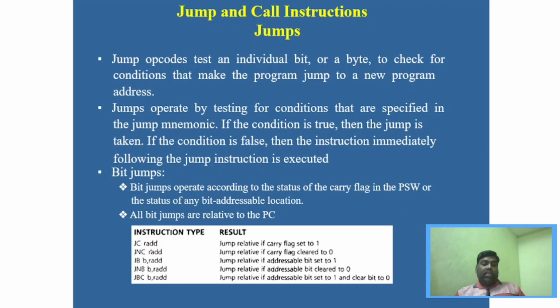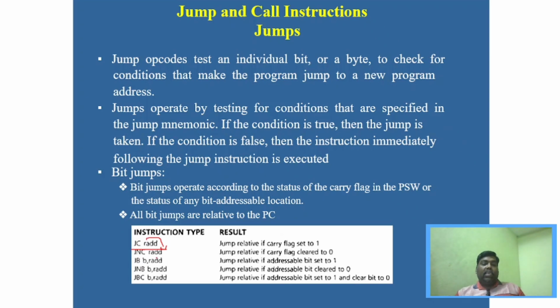Say for example, you can see here JC, where RADD is nothing but relative address. What is JC? It is nothing but jump if the carry flag is set to 1, jump to this particular address. This is about the bit conditional. Based upon the carry flag, you take the decision.